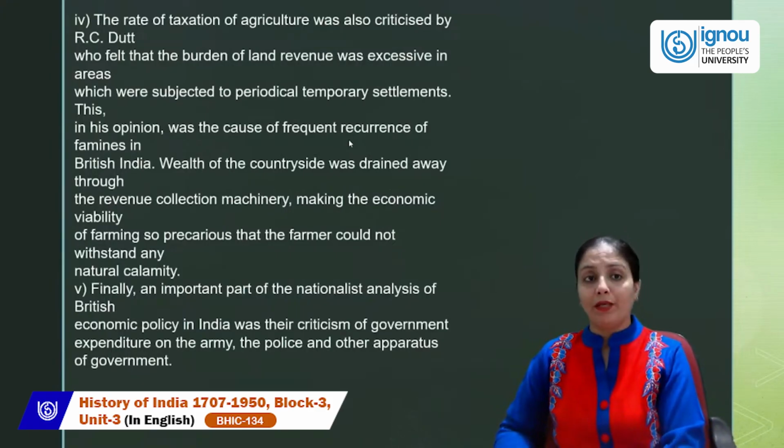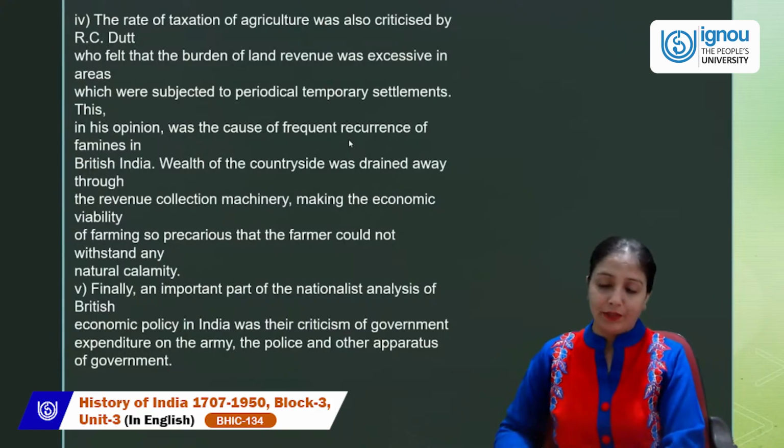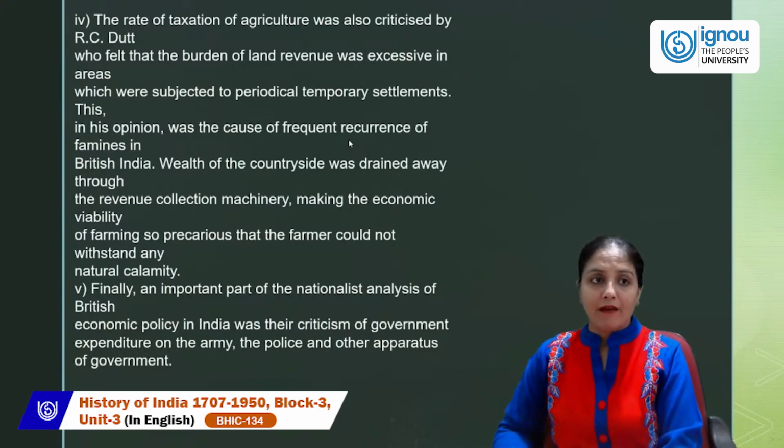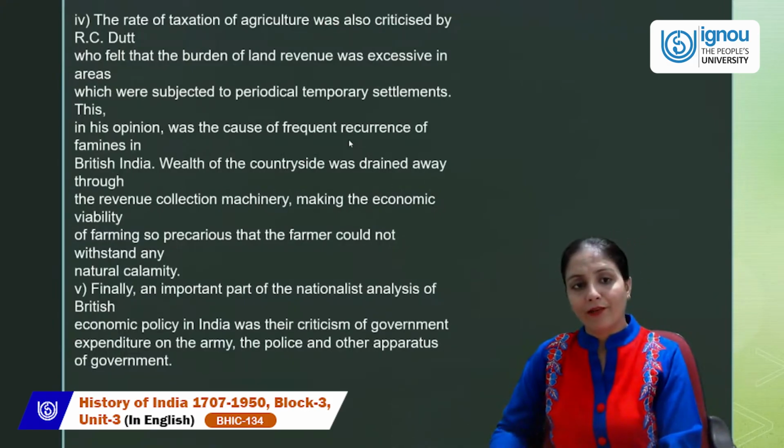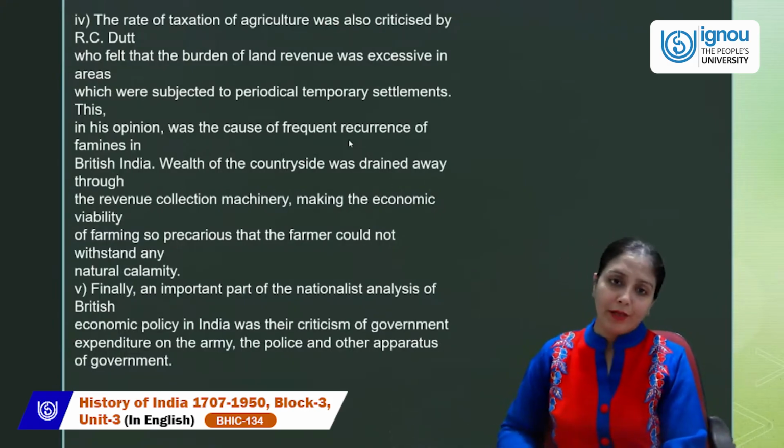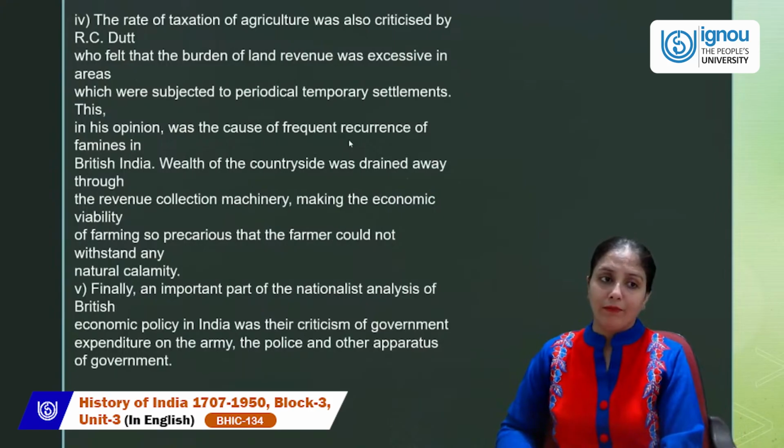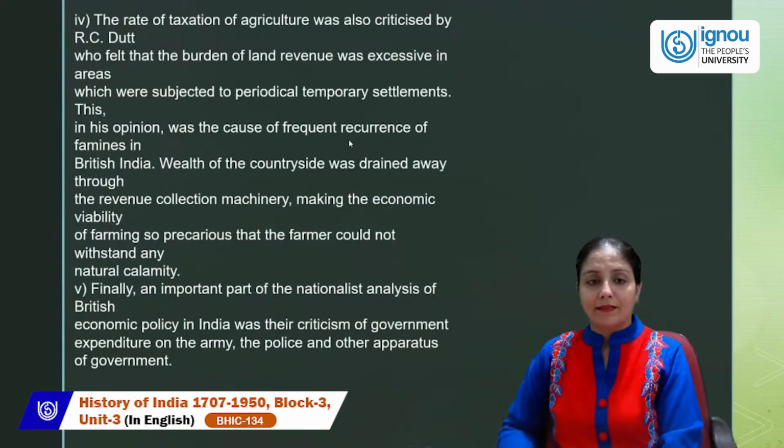This, in his opinion, was the cause of the frequent recurrence of famines in British India, which we have discussed. The wealth of the countryside was drained away through the revenue collection machinery, making the economic viability of farming so precarious that the farmer could not withstand any natural calamity.